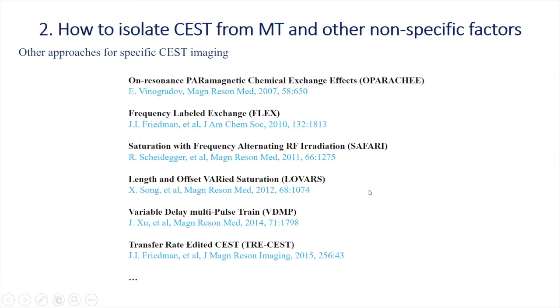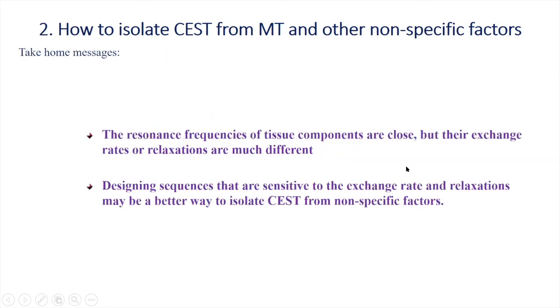So I think in future study, it's important to translate them to 3T MRI. Okay, so take-home messages. The resonant frequencies of tissue components are close, but their exchange rate or relaxation are much different. Designing sequences that are sensitive to exchange rate and relaxation may be a better way to isolate CEST from non-specific factors.